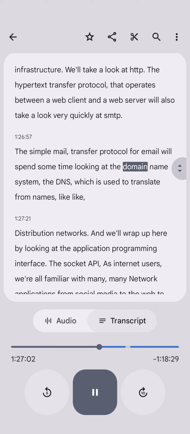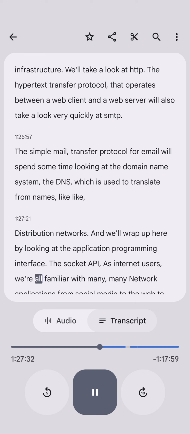We'll spend some time looking at the domain name system, the DNS, which is used to translate from names like gaia.cs.umass.edu to 32-bit IP addresses like 128.119.40.186. We'll look at distributed application-level infrastructure like video streaming systems and content distribution networks. And we'll wrap up by looking at the application programming interface, the socket API.